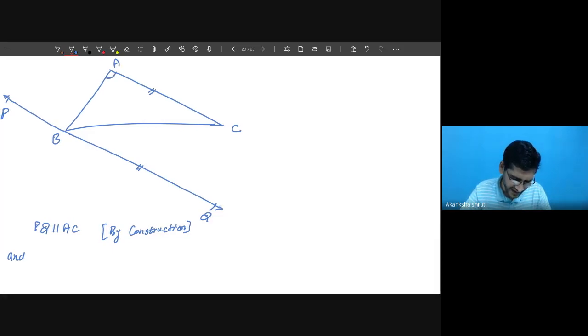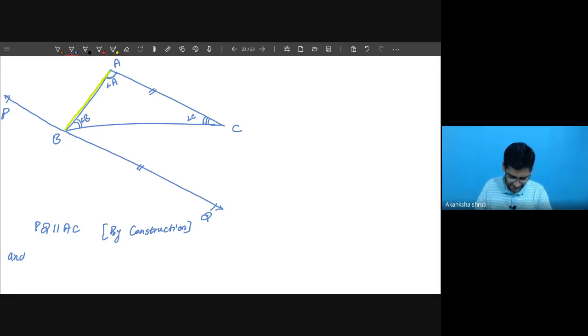This is angle A, this is angle B, this is angle C. Okay, student? So you may denote by only ABC or angle ABC, right? Now observe carefully, this AC is parallel to PQ and AB is the transversal now.